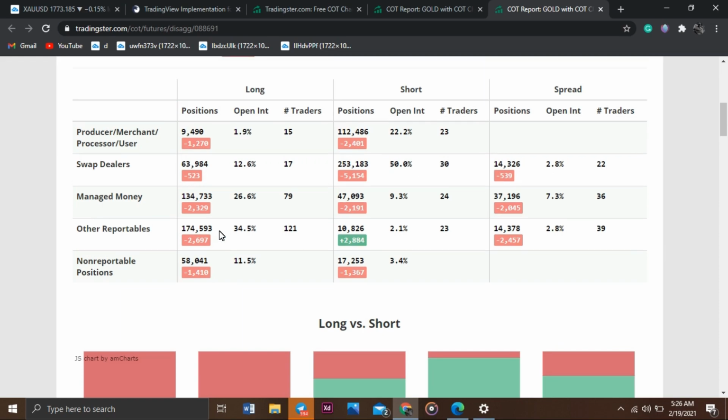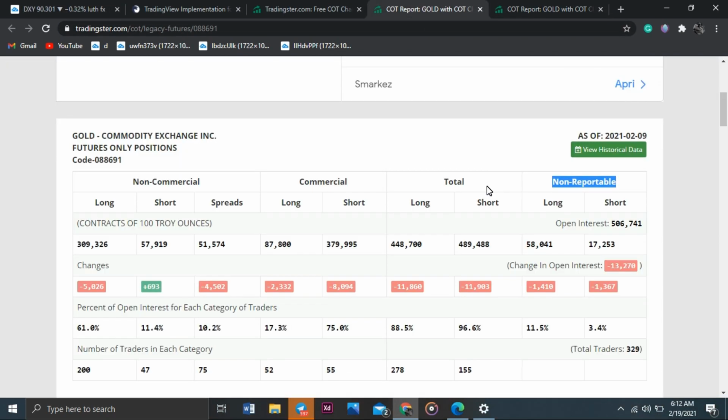But I don't make much use of this one. So when you come to the COT legacy, you can clearly see we have our non-commercials here, we have our commercials, and we have our non-reportable right here too. Like I said earlier on, the non-commercials are the large speculators in the market, and the commercials are the big banks and large multinational corporations, and the non-reportable are the retail traders and the leveraged players. But I pay much attention to the non-commercials, even though I look at how the commercials are positioning themselves.